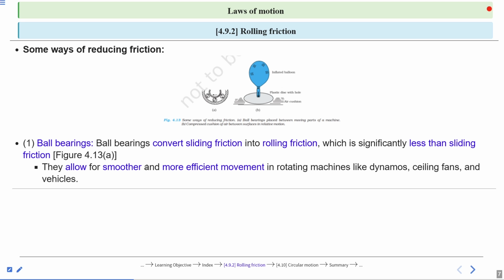They allow for smoother and more efficient movement in rotating machines like dynamos, ceiling fans and vehicles. It means when we use ball bearings, it reduces the friction. So this is the first way to reduce friction. Clear?